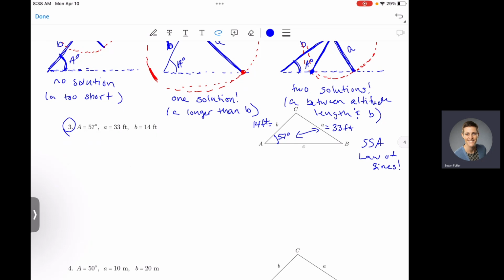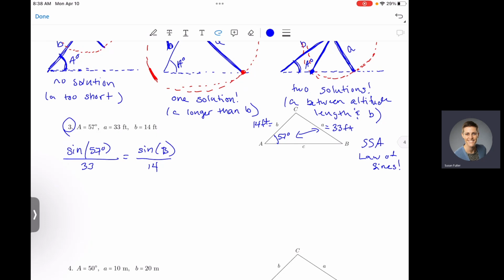So what I'm going to do is plug everything into my completed ratio. So the sine of angle A, which is 57 degrees, divided by side A, which is 33 feet, makes a complete ratio. And I'm going to start with the other piece of information which I have, which is side B is 14 feet. And so I'm going to have the sine of angle B up here.